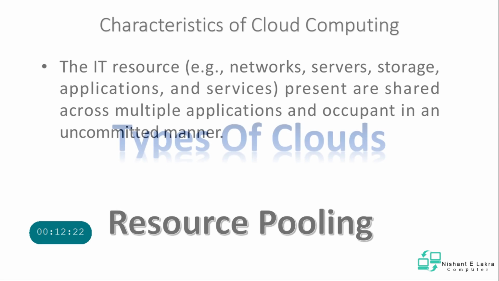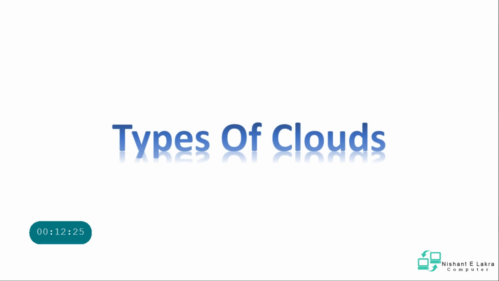Now let us see some of the different types of clouds. I have explained to you about cloud computing, and then the characteristics of cloud computing. Now we will see different types of clouds.